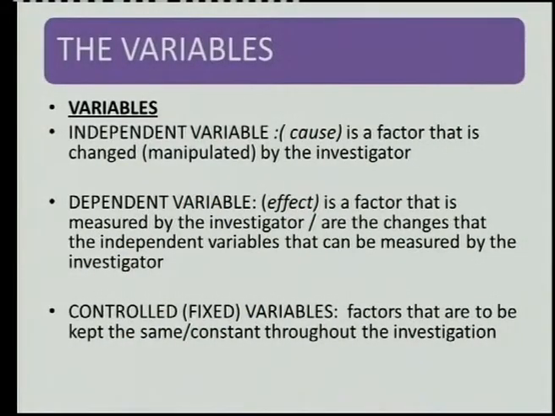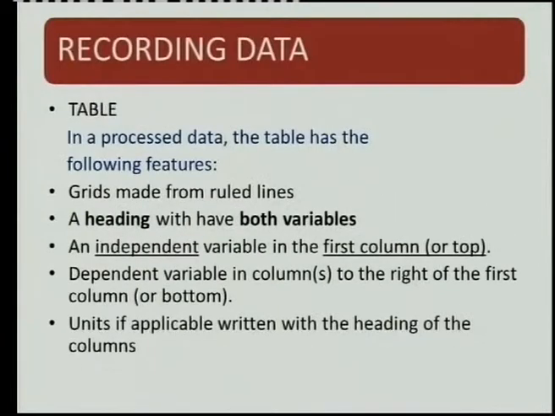The same size container, the same amount of water. Same type of container, because some containers take heat from the environment and some are insulators. So these are the 3 variables that you must know. You have to recognize them, you have to explain them, and in an experiment, you have to identify them.